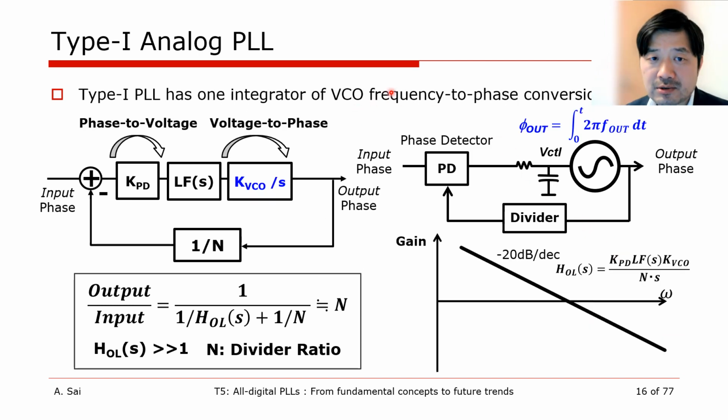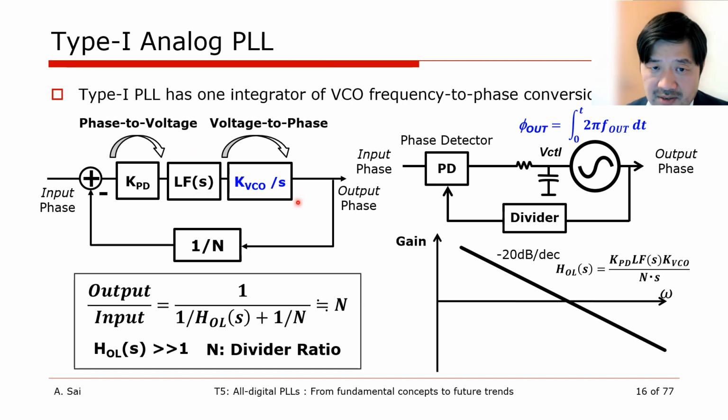First, let's look at the feed-forward gain of the most basic PLL called Type 1. A Type 1 PLL consists of a phase comparator and low-pass filter and VCO and frequency divider. The voltage function of each block is expressed as here. Phase comparator converts input and output phase difference to voltage with the gain of KPD. A low-pass filter smooths the voltage with the transfer function of the LFS.